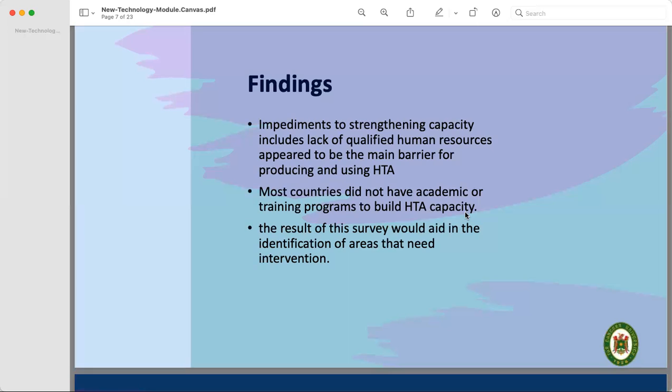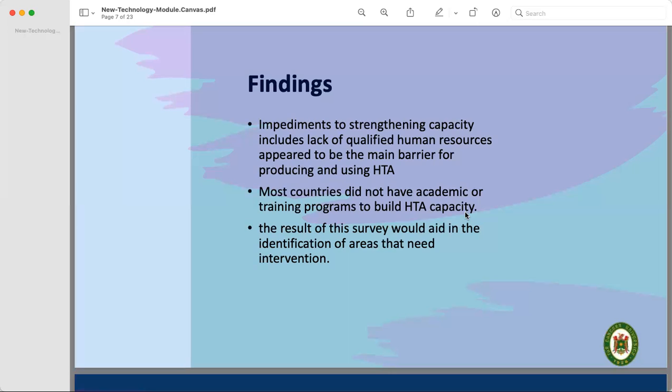But yes, we have yet to see the impact of this integration in the curriculum. Hopefully, in the future, we will have more capable nursing informaticists in the Philippines so that we can contribute to this health technology assessment capacity.